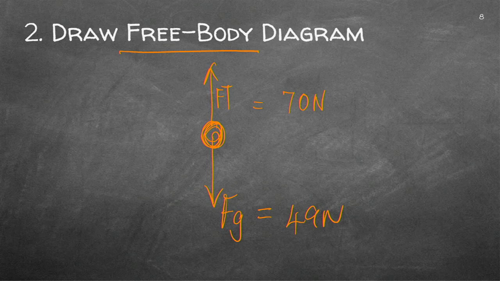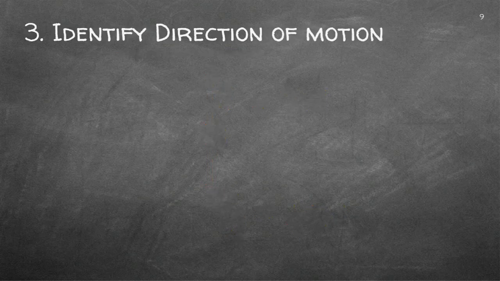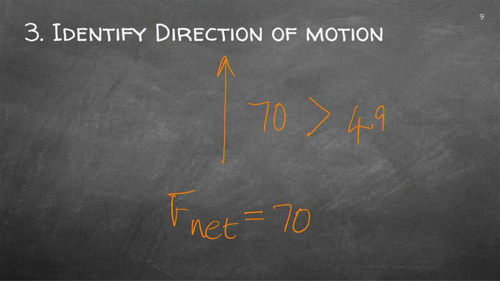So it's easy. Identify the direction. It's upward. So the 70 is greater than the 49. Can you determine the net force? It will be 70 minus 49. And what will your answer be? Quickly do that. I got 21 Newton.